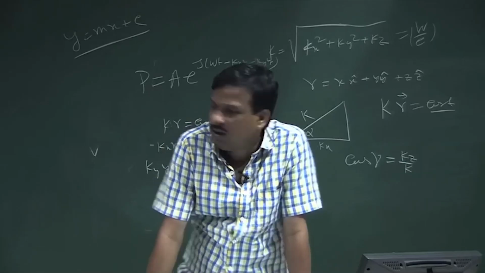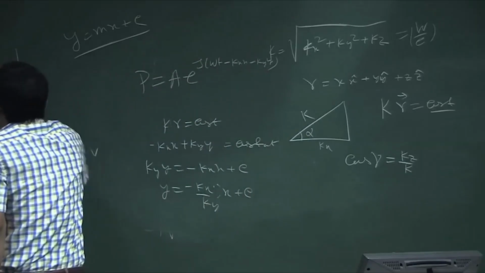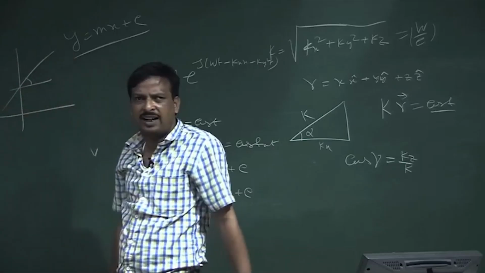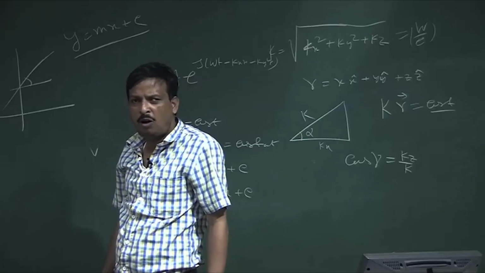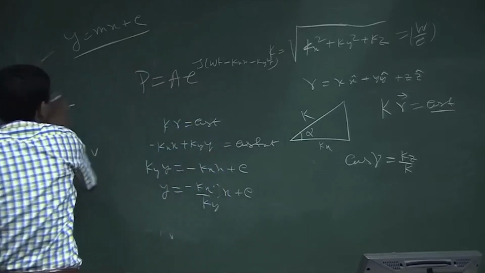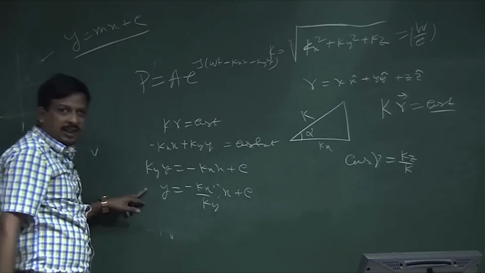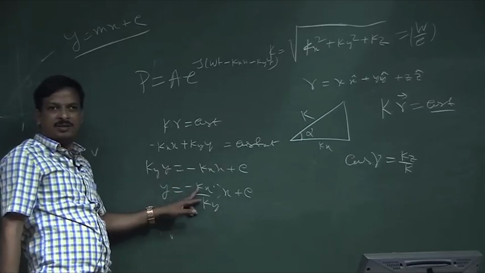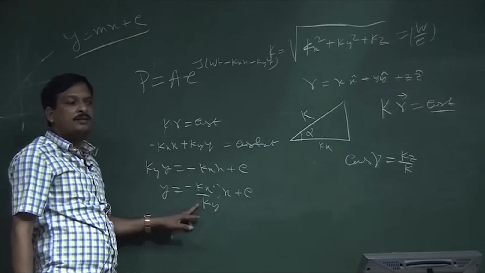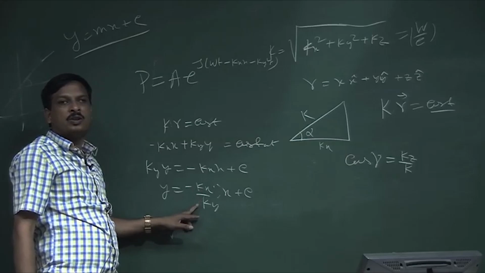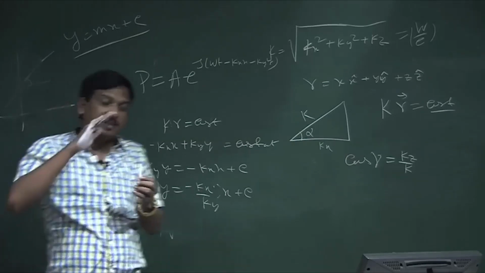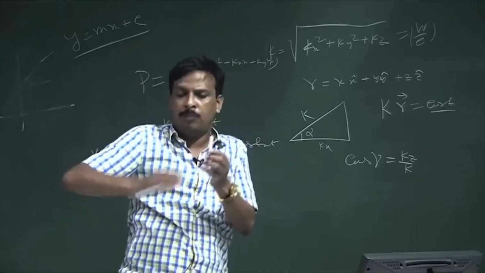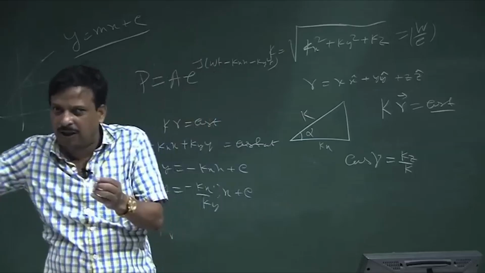So if I have a straight line like this, m represents the slope. So in that case, I can write that the wave is propagated along the xy plane with the angle given by kx by ky. So in a real life situation, if I throw a stone into the pond, the wave is propagated like this in the xy plane.